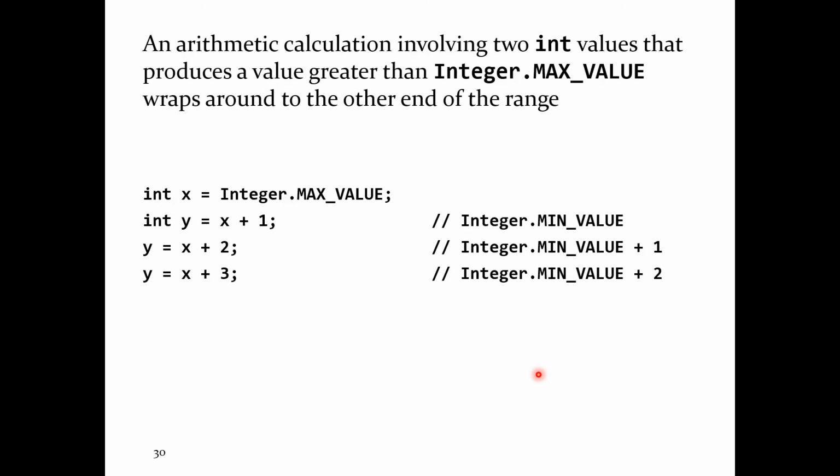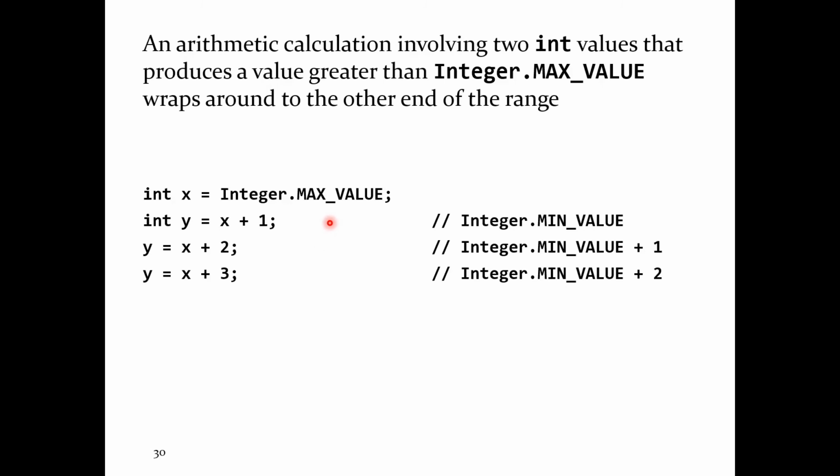Now, what happens if you do some arithmetic with two int values and you end up with a value that's greater than integer max value? For example, if I take the integer max value, x, and add 1 to it, what happens? Well, it turns out in Java, you don't get an error.